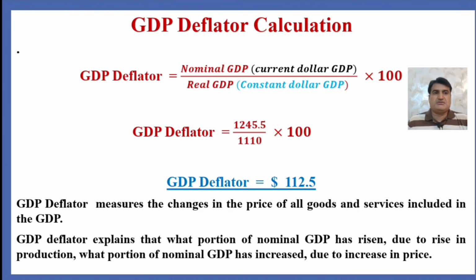The GDP deflator is a measure of rise in inflation, and it tells how much prices have risen, or what portion of the GDP has risen due to an increase in price in the economy. So that was all about nominal GDP, real GDP and the GDP deflator.